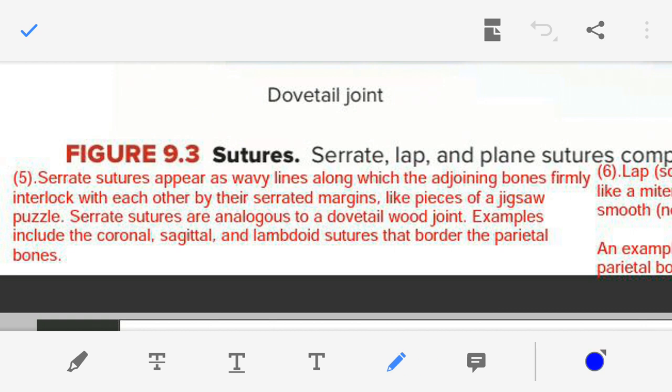And if you played the jigsaw puzzle, you might remember how the pieces of the jigsaw puzzle fit into one another. So that way the serrate sutures are, and they are also analogous to the dovetail wood joint.